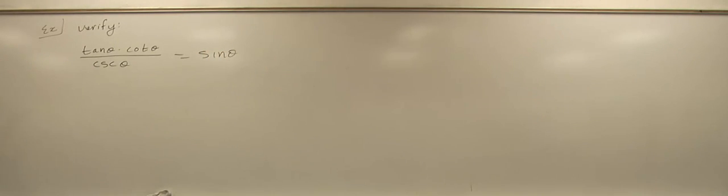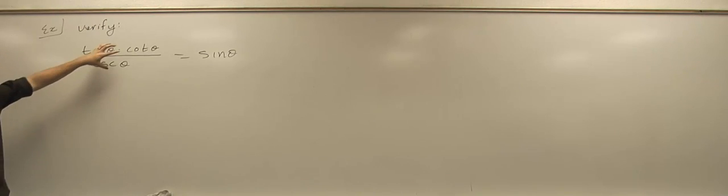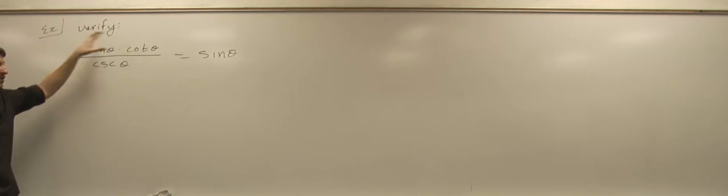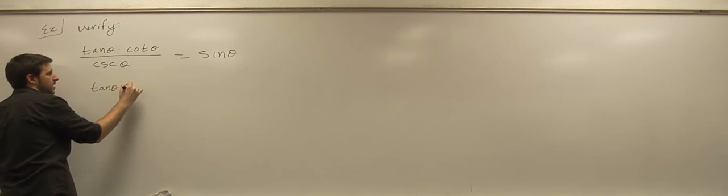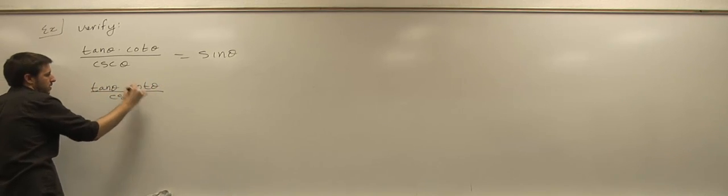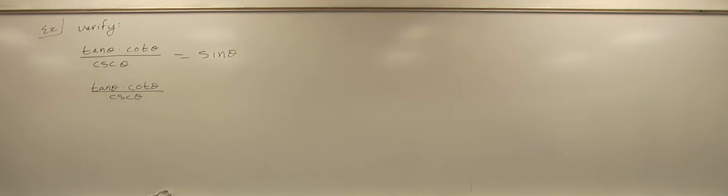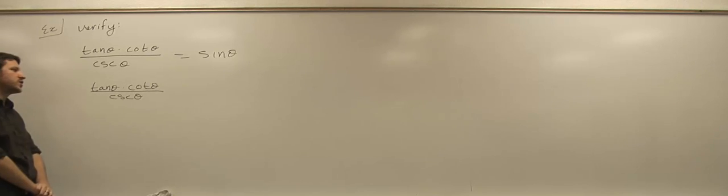To verify this, you're going to start with one side and end at the other. We already discussed that we should probably start on the left side. So to actually verify this identity, I'm going to rewrite the left side. And I'm going to do something, anything, that gets me closer to sine theta. What do you think I should do?